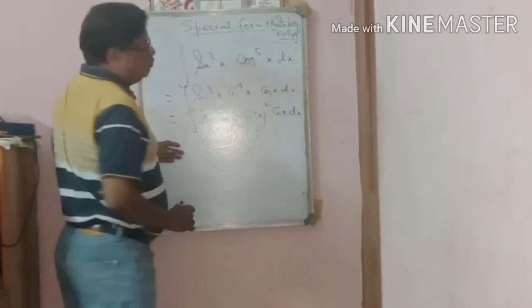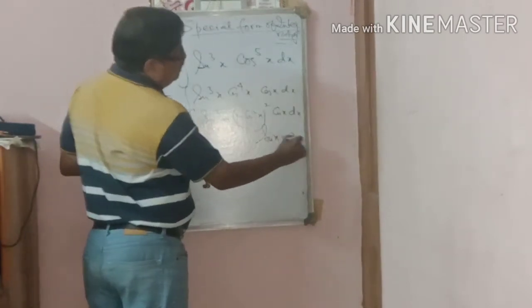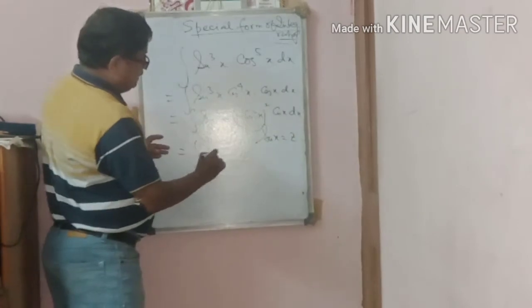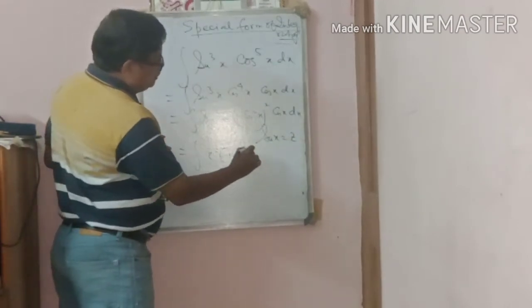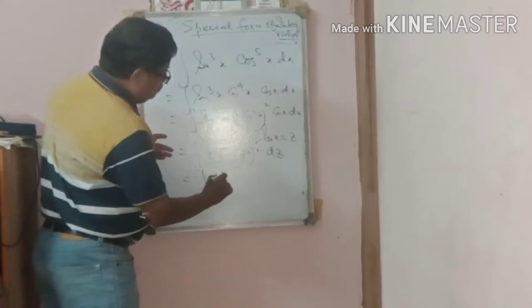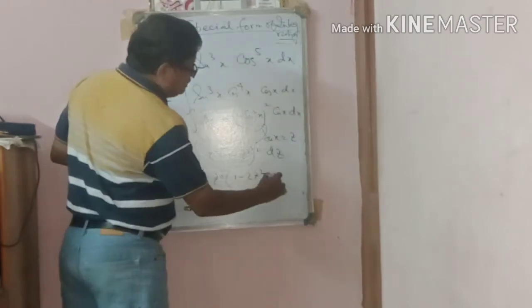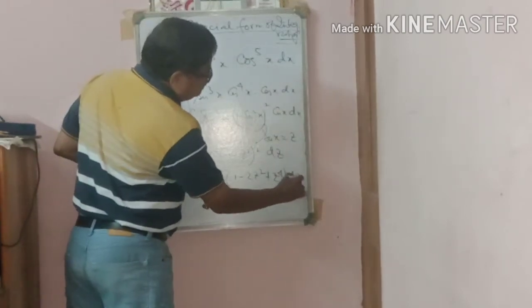Now you put sin x equal to z, so it will be z cube (1 minus z square) whole square dz.